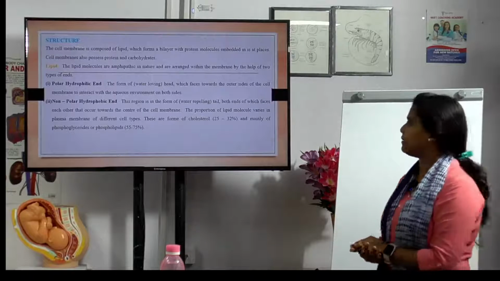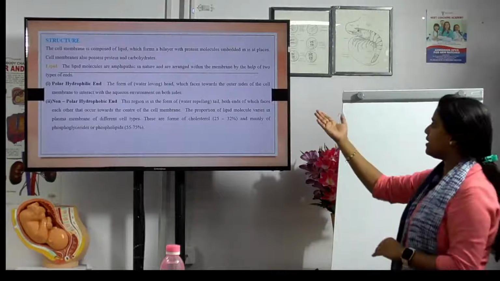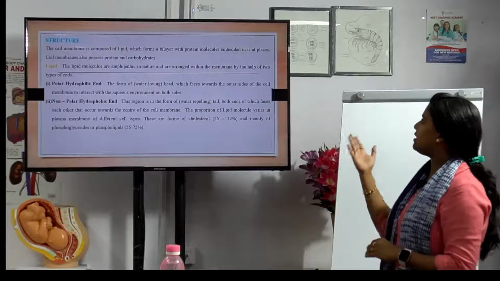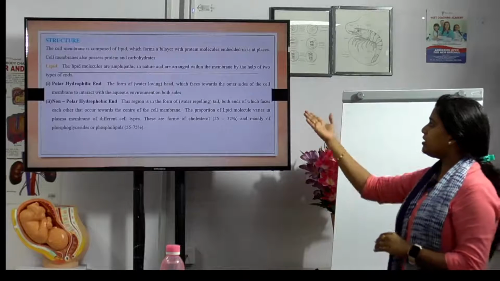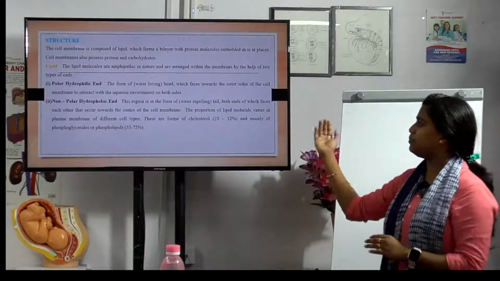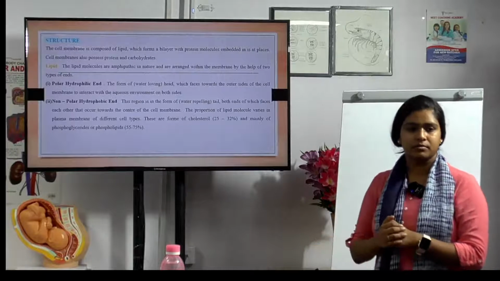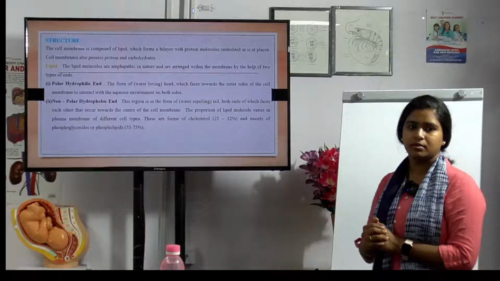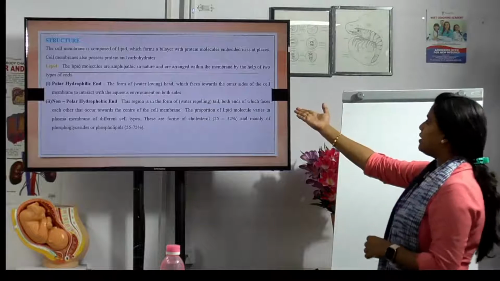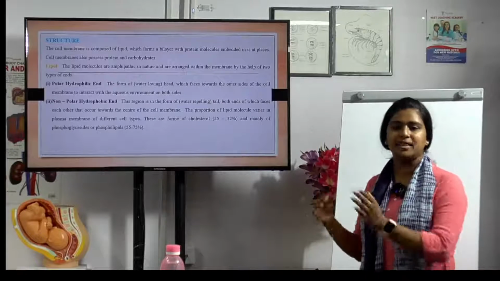Lipids are of two types here. What are lipid molecules? They are amphipathic in nature and arranged within the membrane with two types of ends: one is polar hydrophilic, the other is non-polar hydrophobic. What do philic and phobic mean? The hydrophilic ends are where the water is.